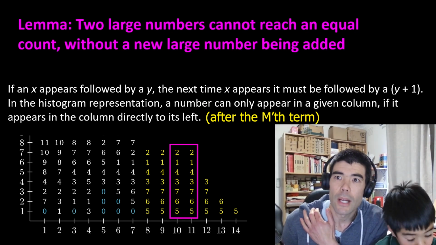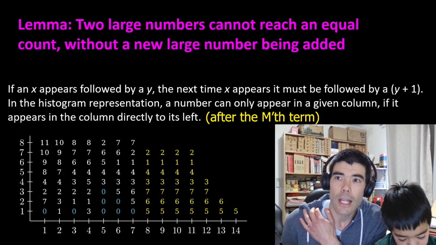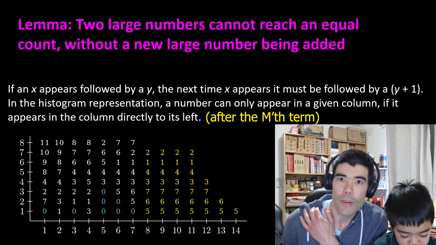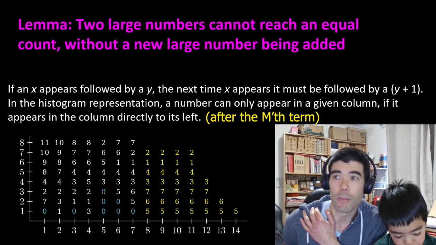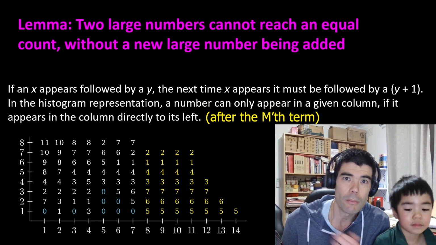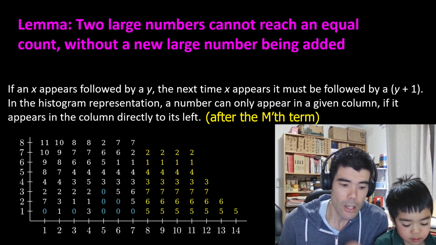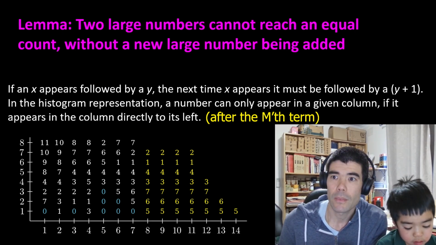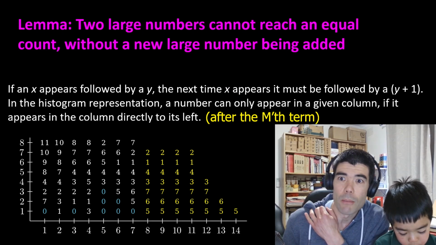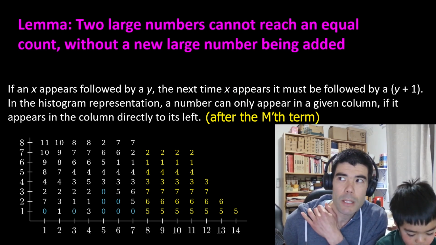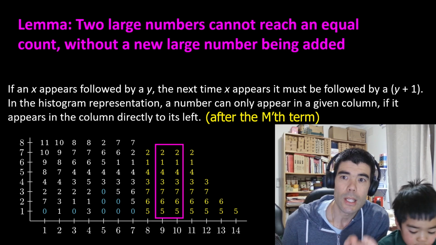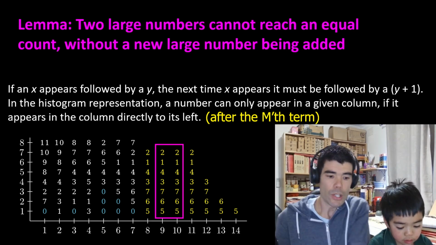So one thing that this implies is that a large number can't reach a count greater than any of the numbers below it. Okay, so a column can't be higher than any column to the left of it. So that means that if two large numbers were to reach an equal count, it must be the case that two consecutive large numbers reach an equal count.